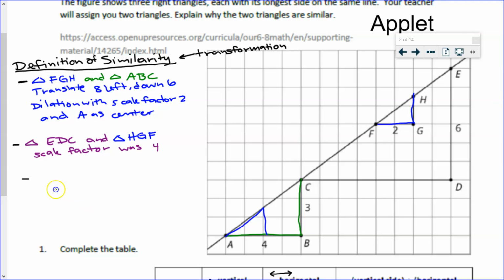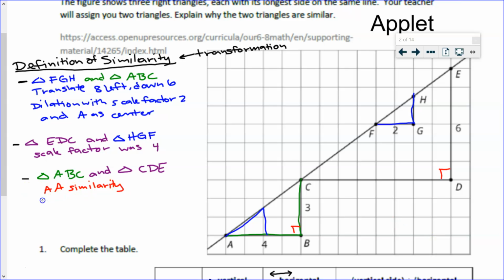Let's look at triangle ABC and triangle CDE. And yesterday we talked that when we have triangles, all we need are 2 angles. So it should be easy to see that we've got a right angle here and a right angle here.